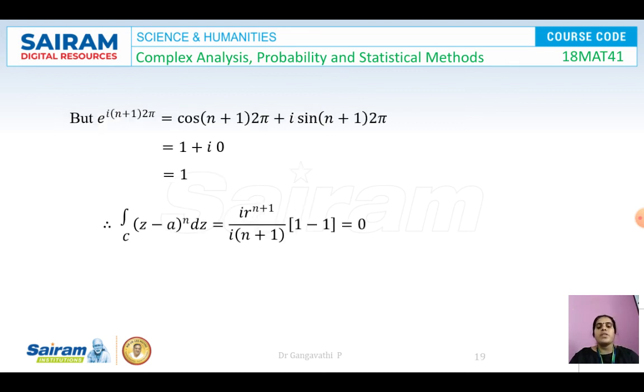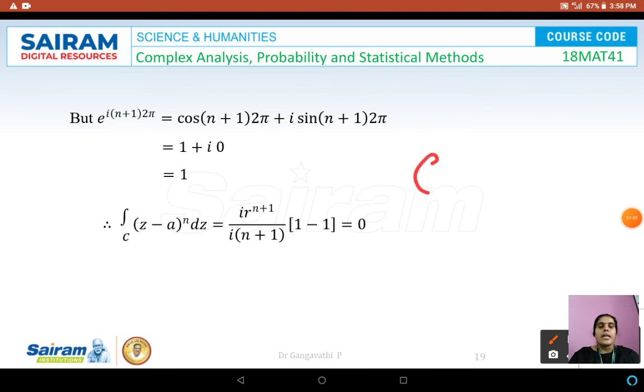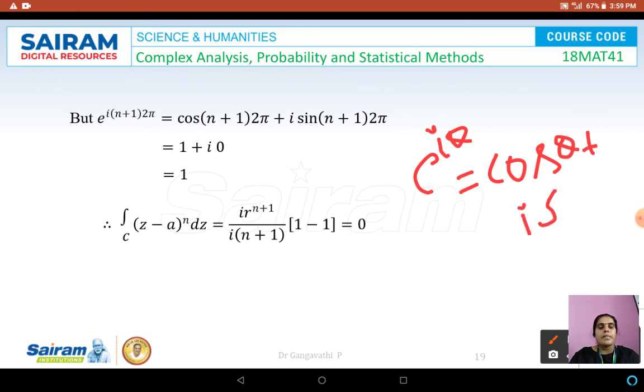e to the power of 0 is 1, and e to the power of i theta is cos theta plus i sin theta. Here we have n plus 1, so it is n plus 1 times 2 pi. In place of theta you have got 2 pi.